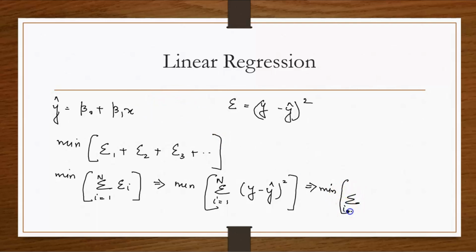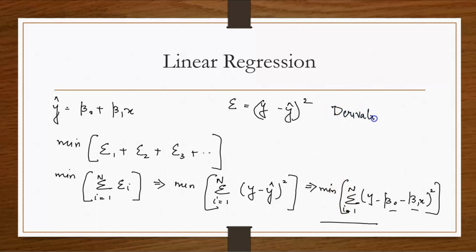So the minimum of the sum from i equal to 1 to n of y minus beta naught minus beta 1x, the whole square. You might have studied in your higher secondary classes how to find the minimum of a function. This is a function. We need to find beta naught and beta 1 by minimizing this function. How to find the minimum of a function? We have to take the derivatives.